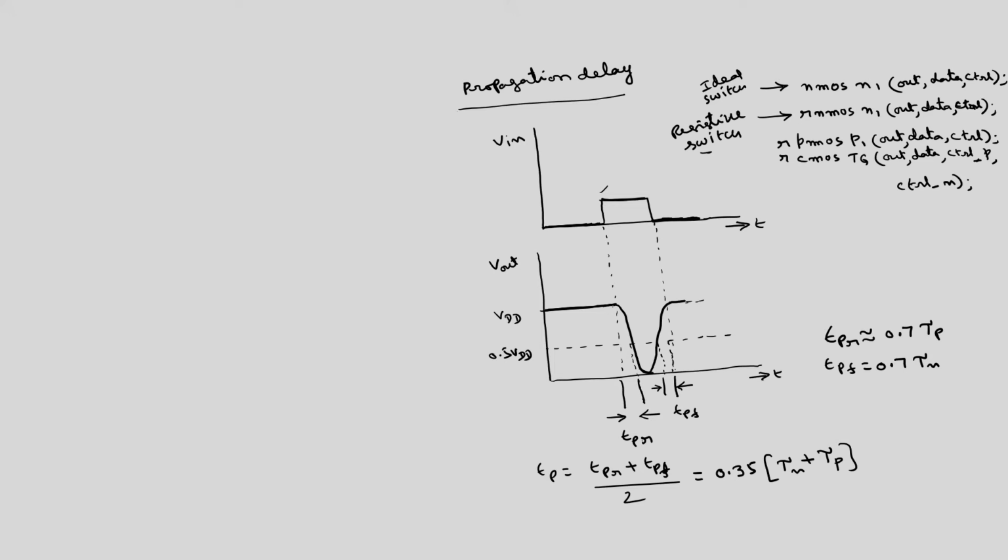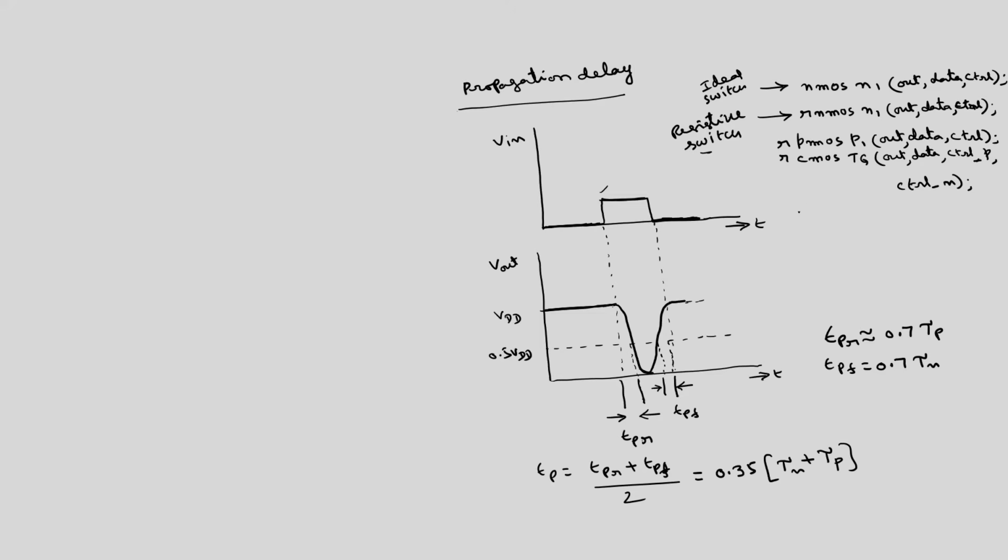Now, in order to represent the rise time, fall time and propagation delay, we can use the pound symbol. If I write rnmos, then the pound symbol, and within parentheses some value, say 2, the remaining is the same: out, data, control. This is one example.